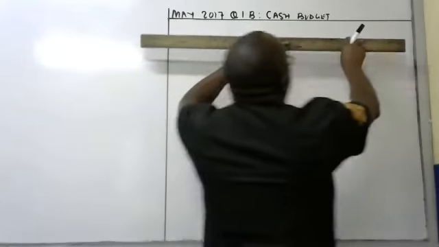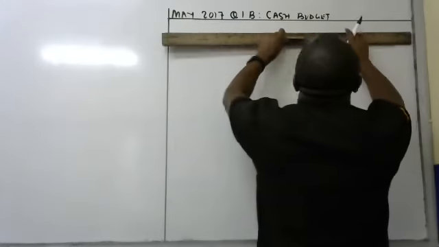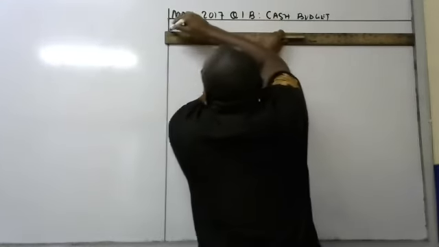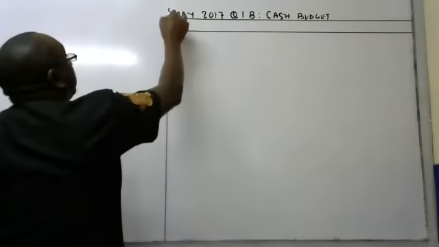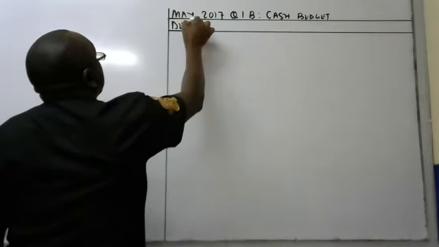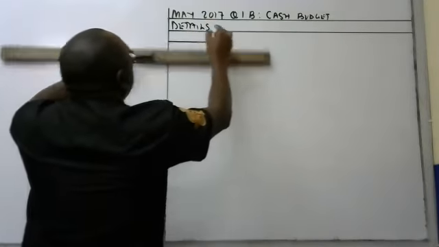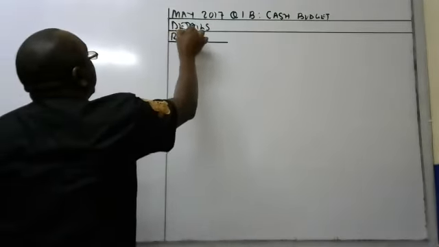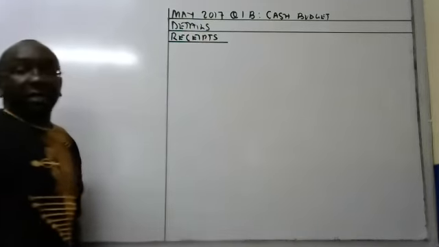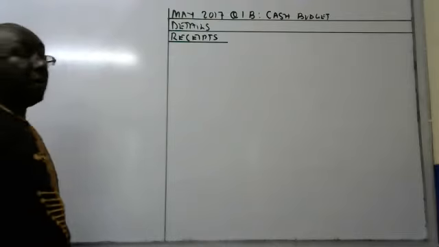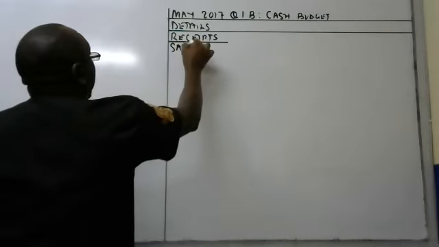As I told you, when you see a cash budget question, it is important you start with the column called details, where number 1, you identify the receipt items, the items that are bringing money in. From what we have read, it is very clear.